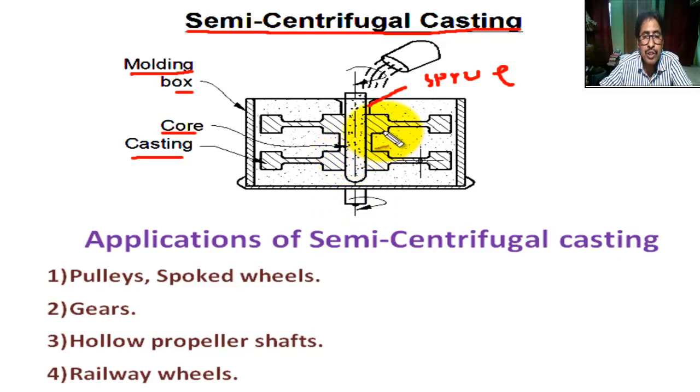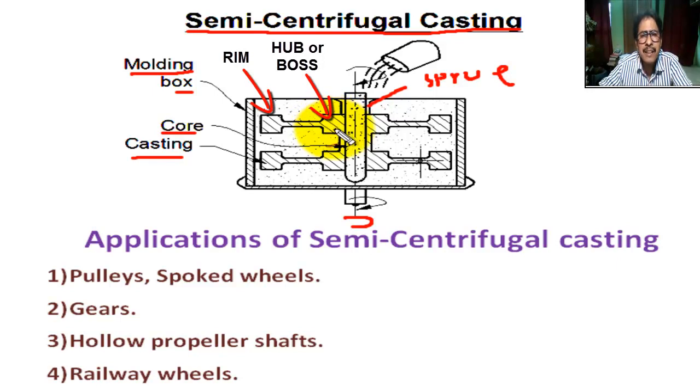In this process, the mold is rotated about its vertical axis in a properly balanced state, and the molten metal is poured into a central sprue, the common sprue, from where it enters the hub.